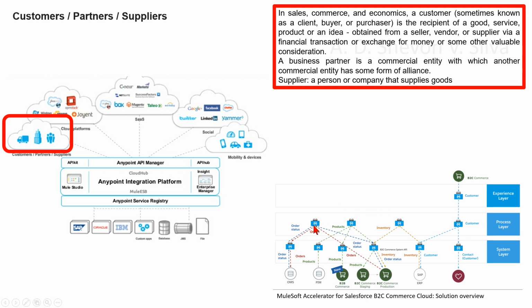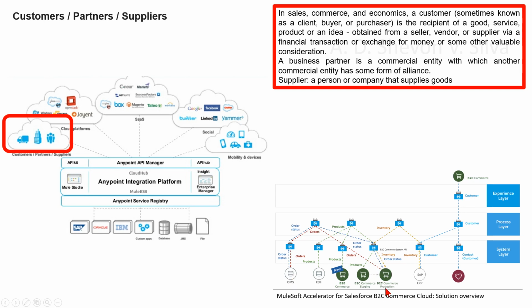Here you can see Mule in orders in the process layer. Order status is passed from OMS to Mule, and order status is passed from Mule to Mule in the process layer.